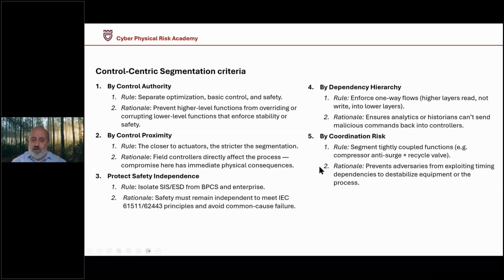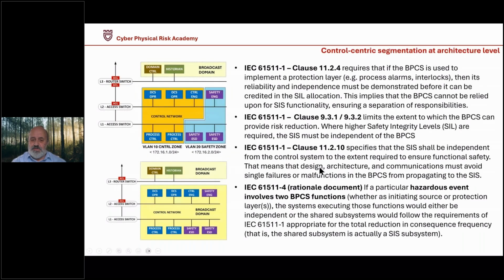Well, one of the most important standards in any process control system, at least in my world of process industry, the refining and petrochemical systems, is the IEC 61511. If you have an OT system that controls train traffic or other types of processes, nuclear, you probably don't have the 61511.